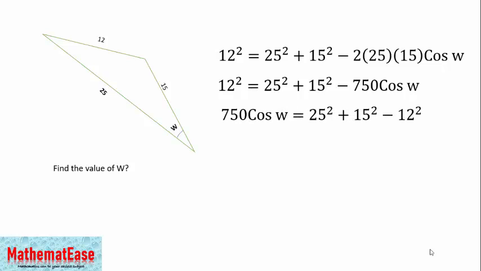So I will have 750 cos W is equal to 25 squared plus 15 squared minus 12 squared. If I simplify further, I will have 750 cos W is equal to 706.